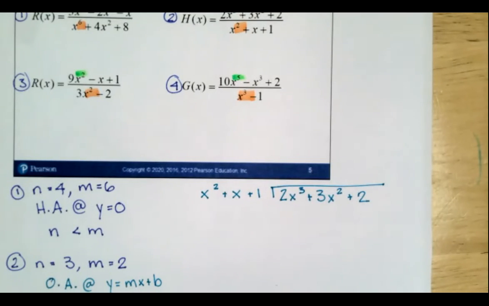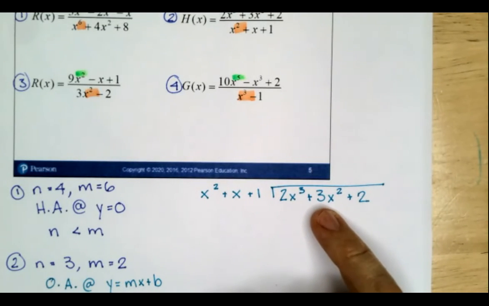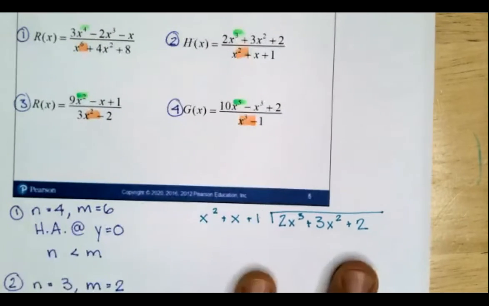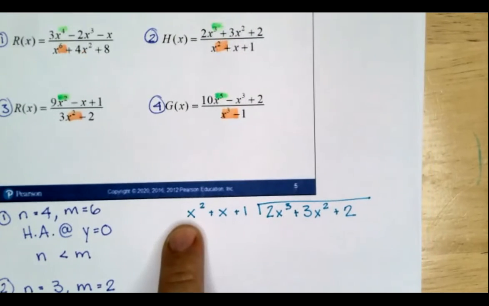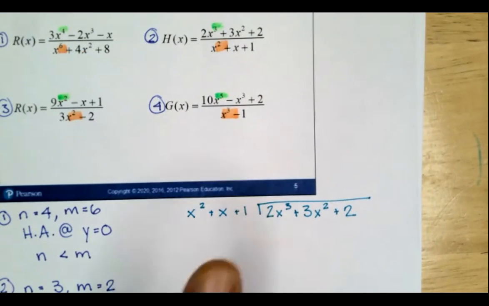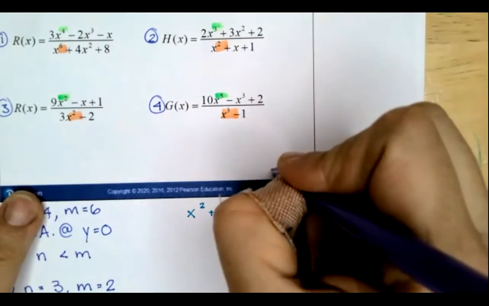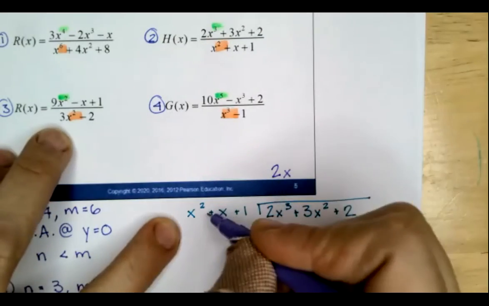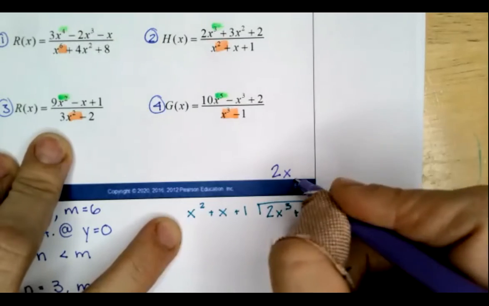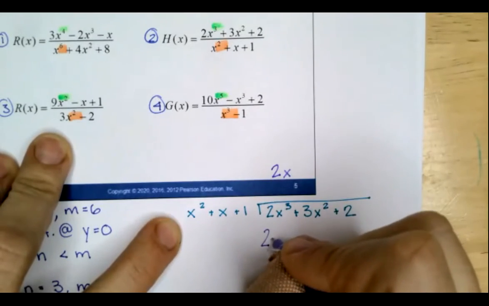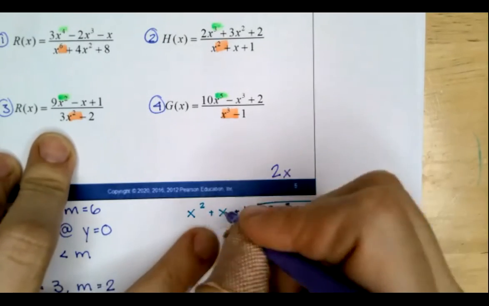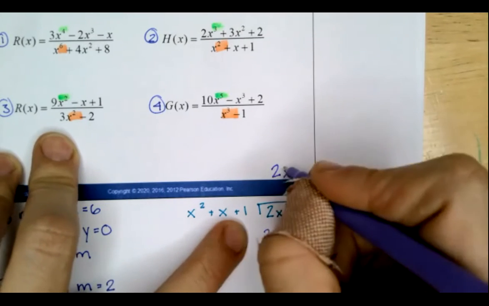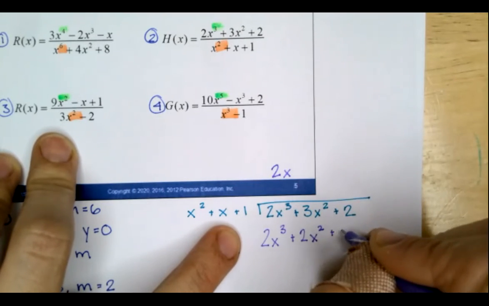All right. So if I look at 2x cubed plus 3x squared plus 2, and I have x squared, what do I need to multiply x squared by to get 2x cubed? I need to multiply it by 2x, right? Take that term, multiply it by all of this. 2x times x squared is 2x to the third. 2x times x is plus 2x squared, right? And then 2x times 1 is 2x.